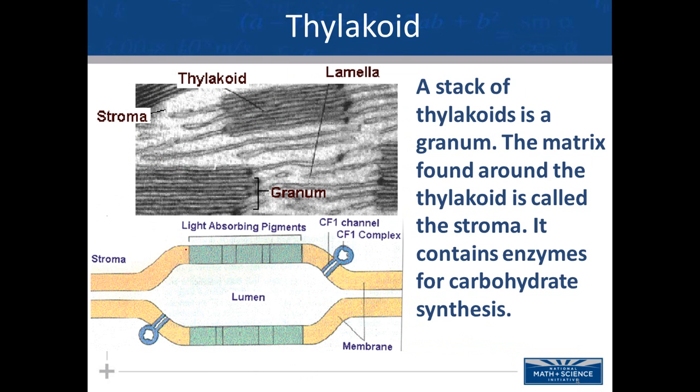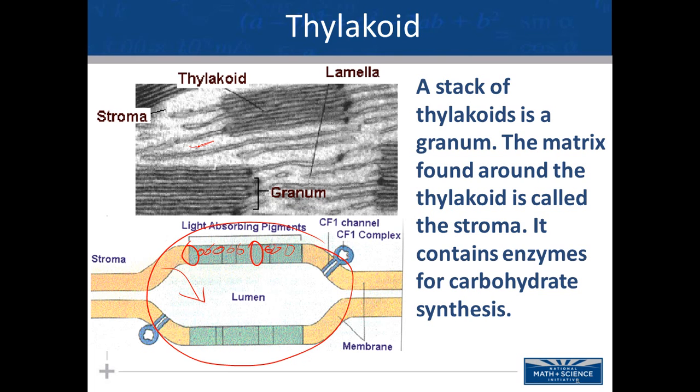A thylakoid has an area where we'll find pigments involved in photosynthesis, and you'll also find other electron carriers forming the electron transport chain. In the lumen of the thylakoid is where water is split that is needed for the process of photosynthesis. So the light reaction is taking place in the thylakoid.